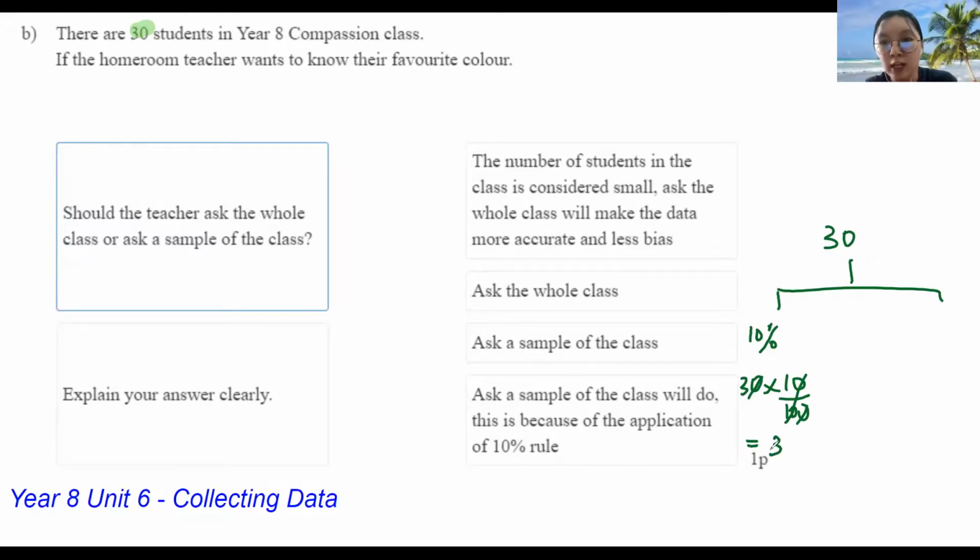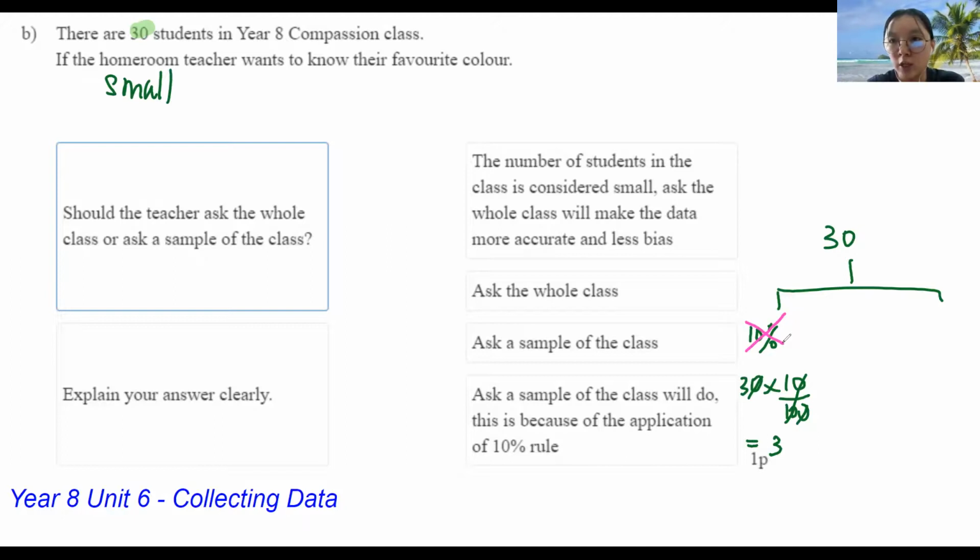So do you think the favorite color of these 3 students will represent the whole class? 3 will represent the 30 of them? No, it doesn't make sense because the population itself is small. Therefore, the rule of thumb of 10% cannot apply to a small population.